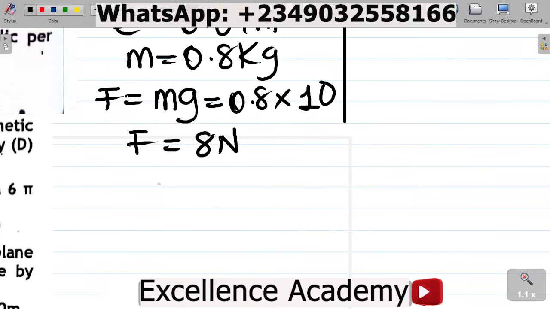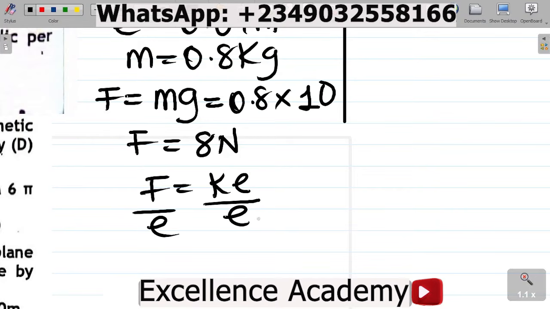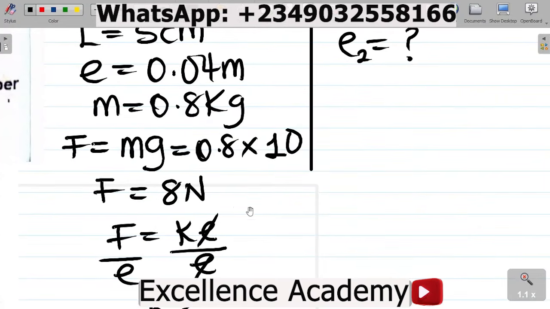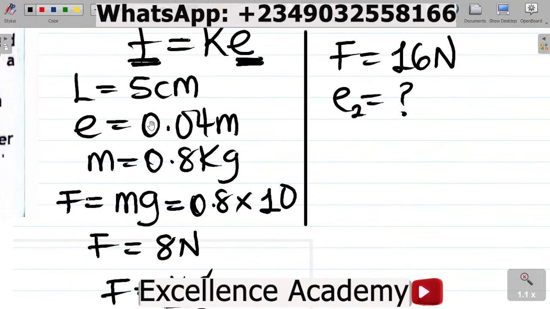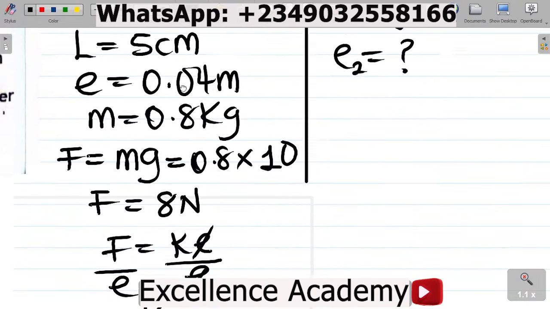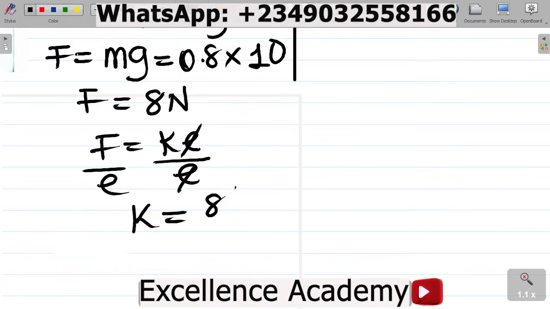So recall, F is equal to KE. To get the value of K, I'll divide here by E, divide here by E. This cancels this. So the constant K is equal to F over E, which is 8 all over 0.04. Let me get my calculator and punch this. 8 divided by 0.04 gives about 200.